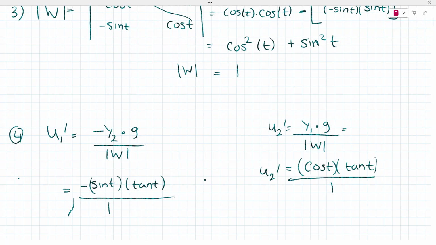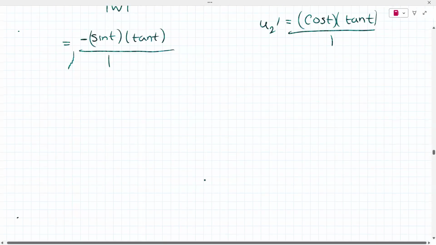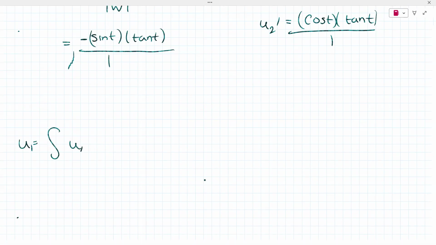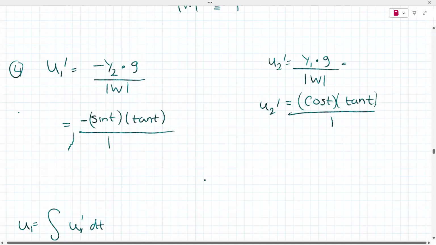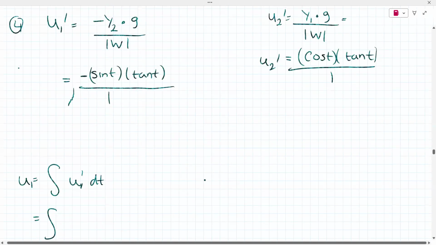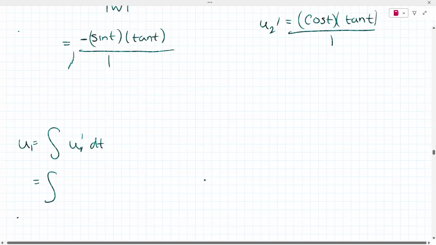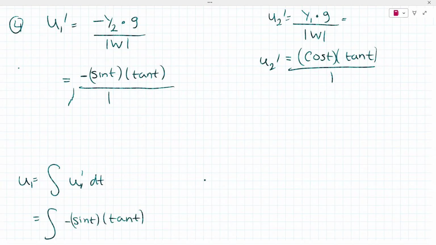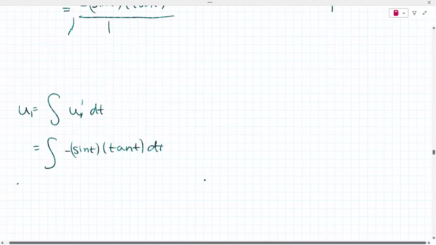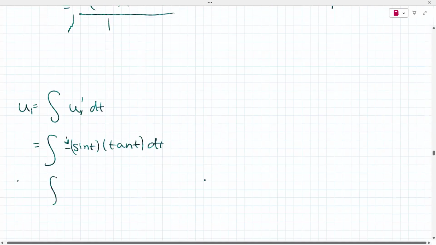Okay, now let's find our u1. My u1 is the integral of u1 prime. So what is that going to be? U1 prime is this whole thing: negative sine of t times tan of t dt. We have a minus right here, so we could take that out.